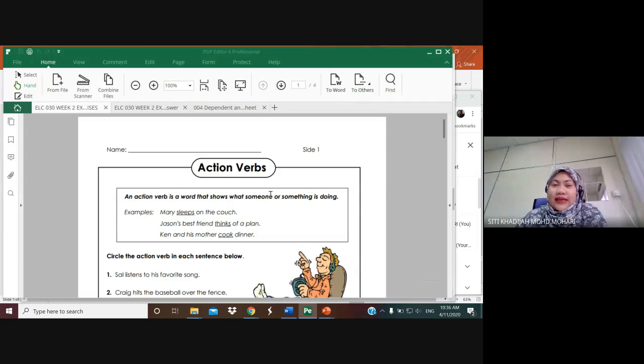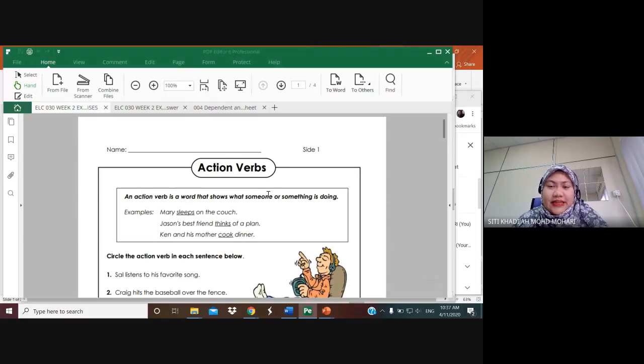So anything that shows somebody doing something or not doing something. We have another type of verb that is called non-action verb. For example, thinking, smelling, those you cannot see. Those are the examples that I could think of. So those are non-action verbs, but it's okay.